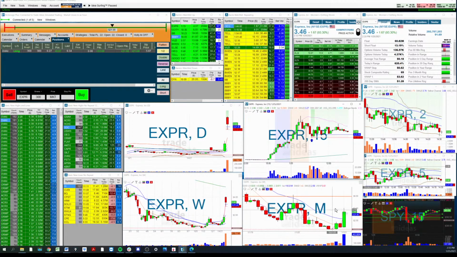What did it get up to today? It got up to about 4.13. Looking left, 4.74. So I guess it's got a shot. Yeah, it's got a shot, I suppose, but it's going to have to take out today's high also. Today's high was up here.